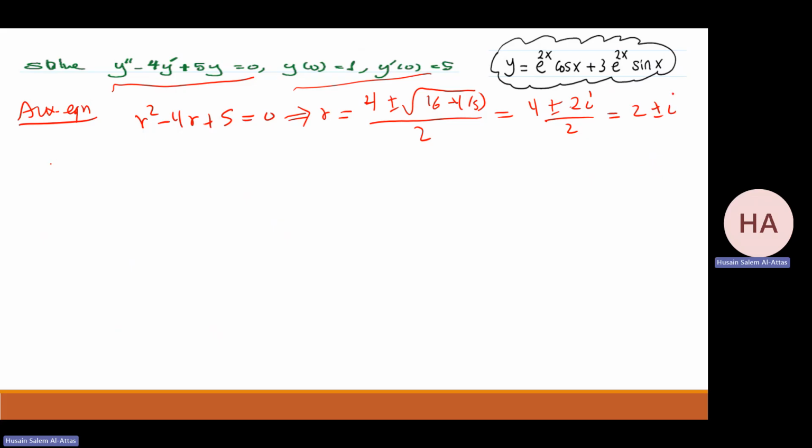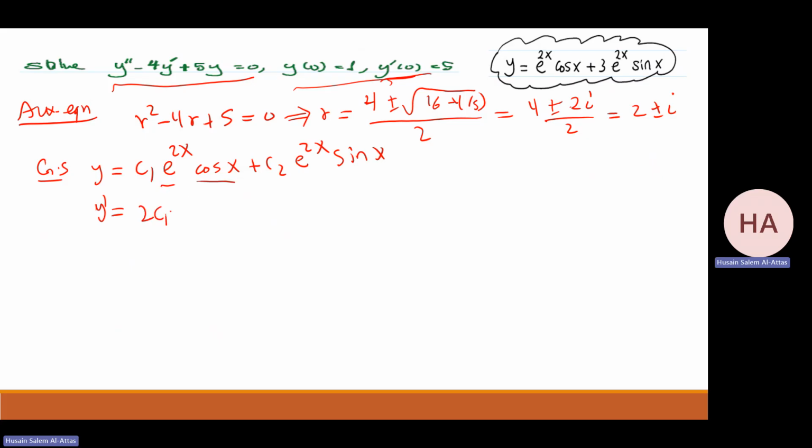So what is my solution? General solution: C1 e to the 2x cosine x plus C2 e to the 2x sine x. I need y prime, so let me find y prime right away. I have a product of two functions, so be careful.